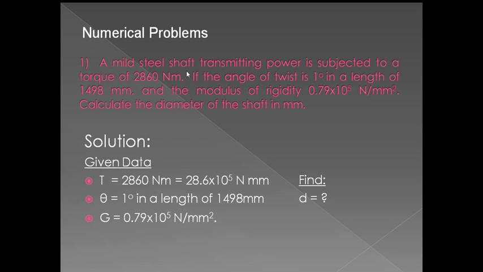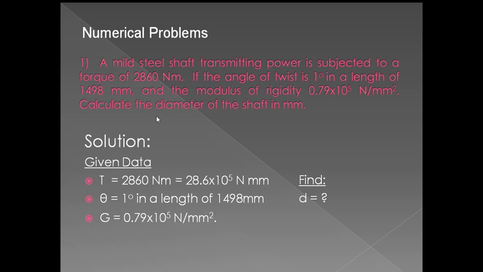A mild steel shaft transmitting power is subjected to a torque of 2860 Newton meter. If the angle of twist is 1 degree in a length of 1498 mm, and the modulus of rigidity is 0.79 into 10 to the power of 5 Newton per mm square, calculate the diameter of shaft in mm.